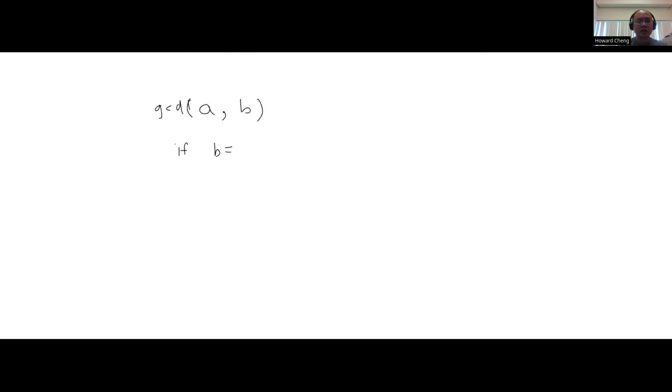If one of them is zero, then the GCD is the other one. What if they're both zero? Well, if they're both zero, then the GCD is zero as well. So whenever one of them is zero, the GCD is the other.